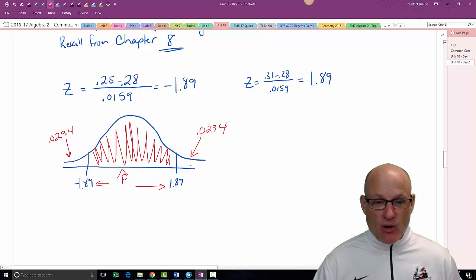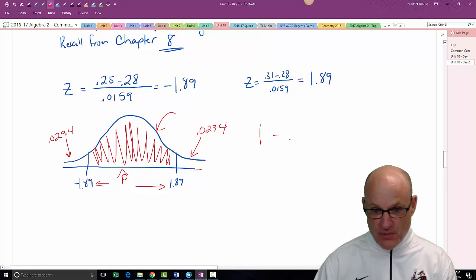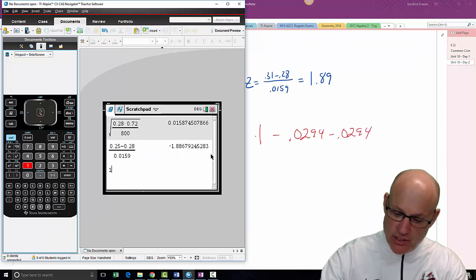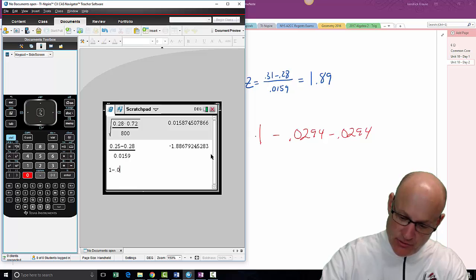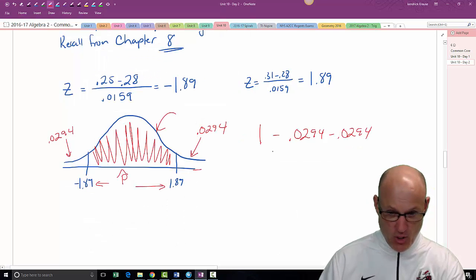So how am I going to figure out what's in here? Oh yeah, we got to do 1 minus 0.0294 minus 0.0294. And let me grab my calculator. 1 minus 0.0294 minus 0.0294. Yes, I could have done 2 times that. Equals 0.9412.